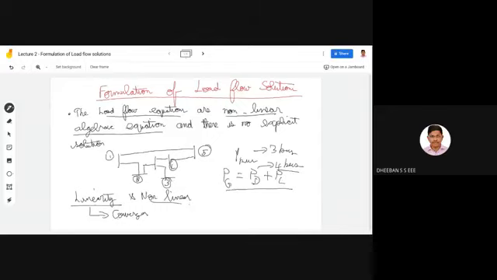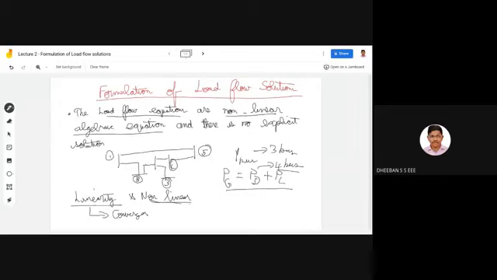But in case of a non-linear system, if you use the same procedure you used for the linear system, your solution will become inaccurate, and the system will be a failure.